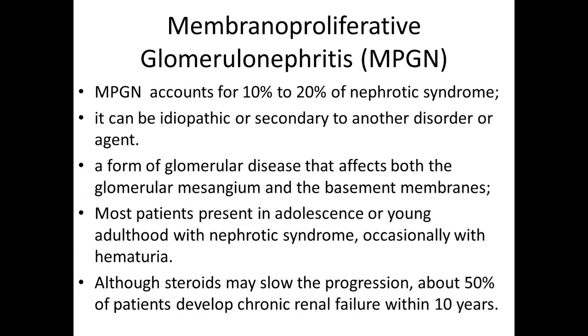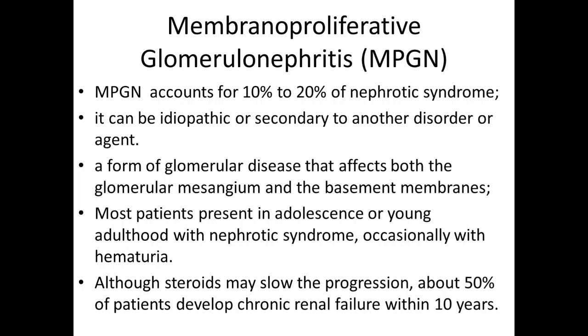Membranoproliferative glomerulonephritis, guys, develops with nephrotic syndrome. It can be idiopathic or secondary to other disorders or agents. It is a form of glomerular disease that affects both the glomerular mesangium and the basement membrane.